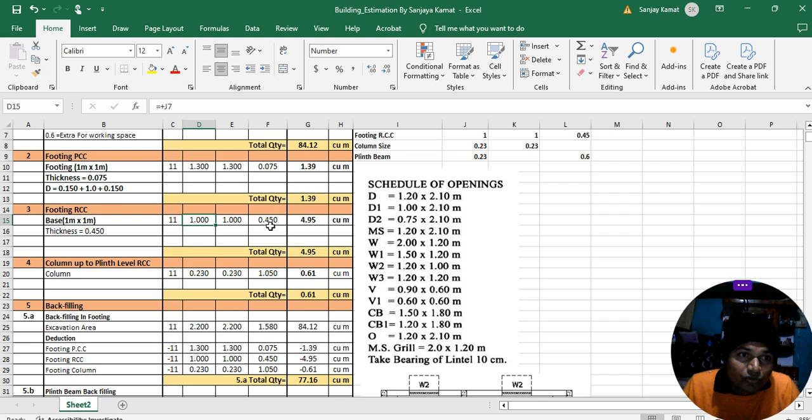The thickness here we have taken is 0.450. So now we will multiply the number of rods into length into breadth into depth, and it will come to 4.95 cubic meter.